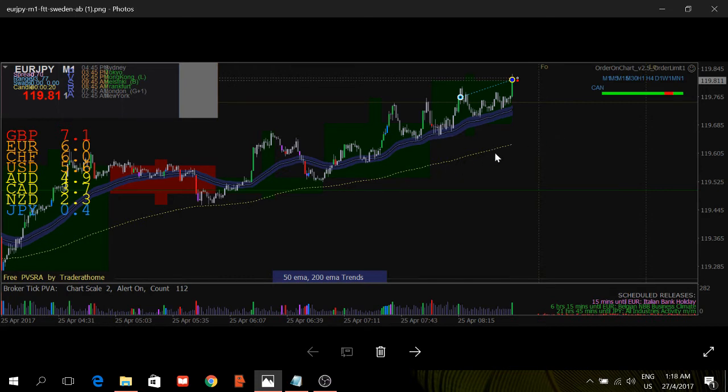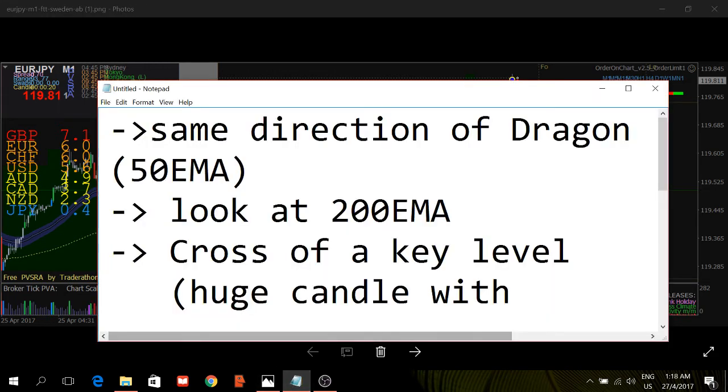So here I have the 200 EMA, and I look at the candles. I made sure that the price is being traded above the 200 EMA. If it was a bearish trade, it needed to be traded below, but in this case, it's above.